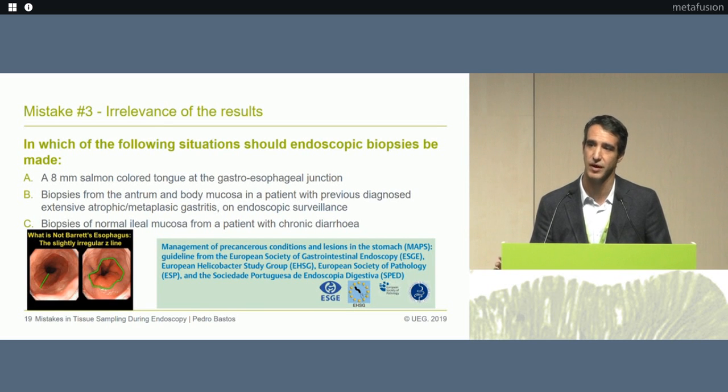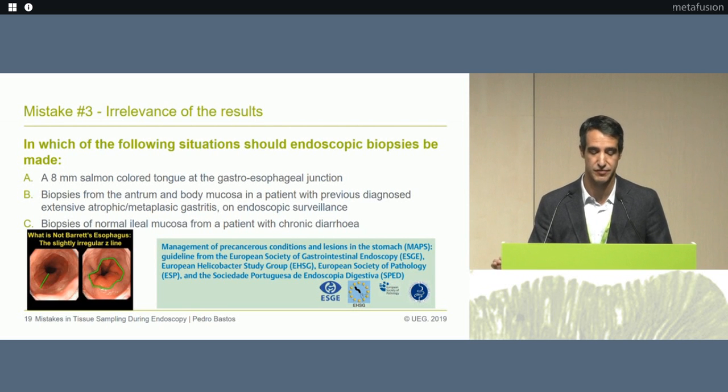And so even if there is intestinal metaplasia, the risk is probably not increased, and these patients should not be catalogued as having Barrett's esophagus, and so they should not be surveilled. So these patients are probably better classified as having an irregular Z line, and they should not be classified as Barrett's. And so I would not biopsy just such a small tongue in the esophagogastric junction.